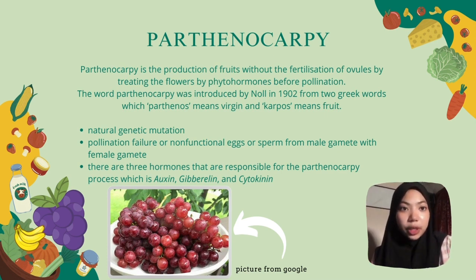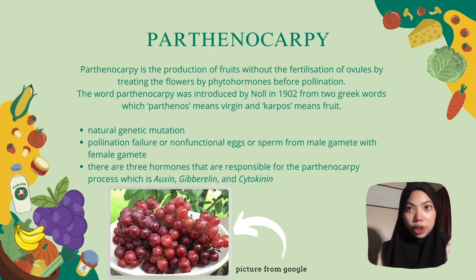fruits. Parthenocarpy is a natural genetic mutation, arising from pollination failure or non-functional eggs or sperm from male gamete with female gamete.